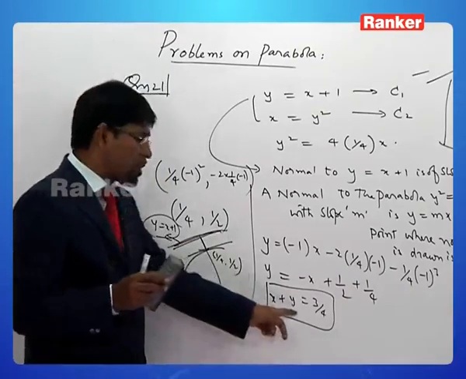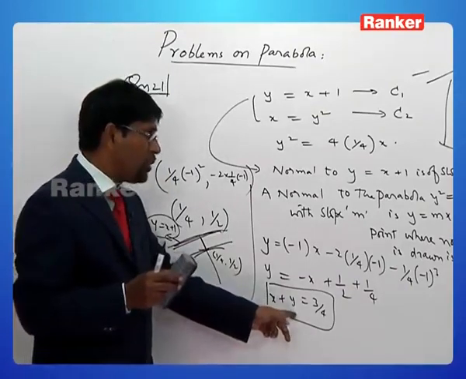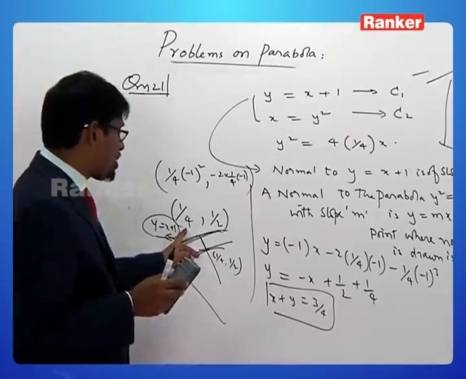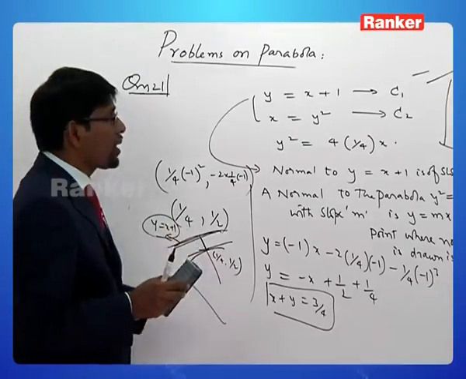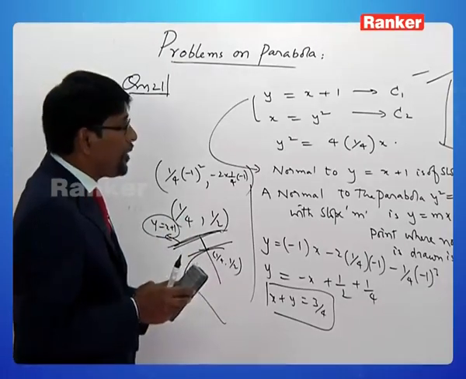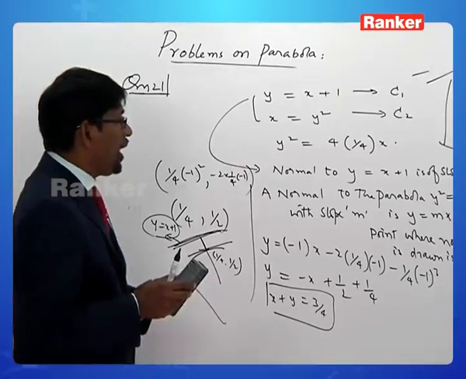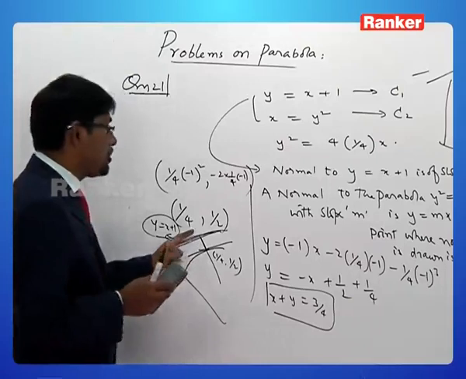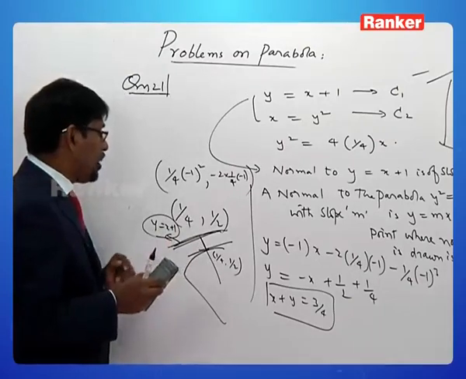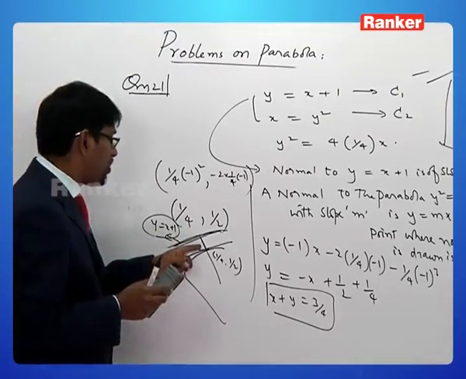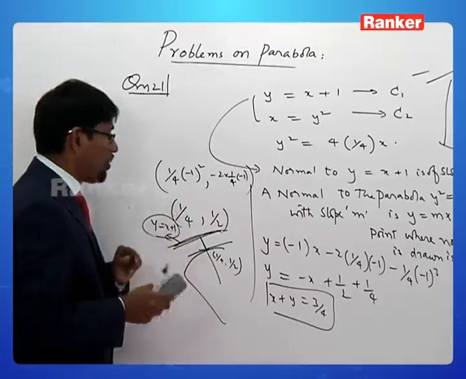And what did we find as the common normal? x plus y equal to 3 by 4. What is the point at which the normal is drawn to the parabola y square equal to x? It's drawn at 1 by 4 comma 1 by 2. So distance from (1/4, 1/2) to y equal to x plus 1.